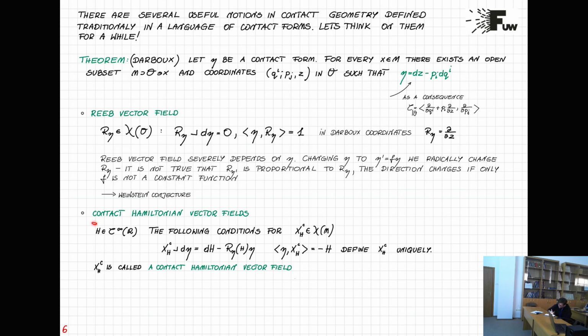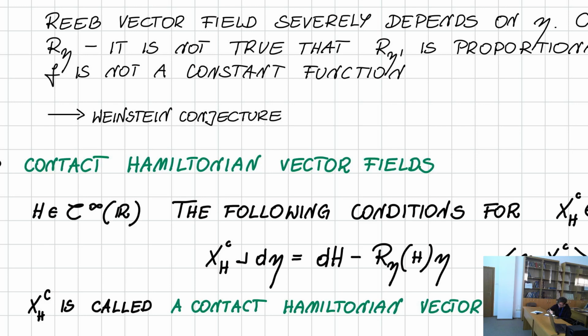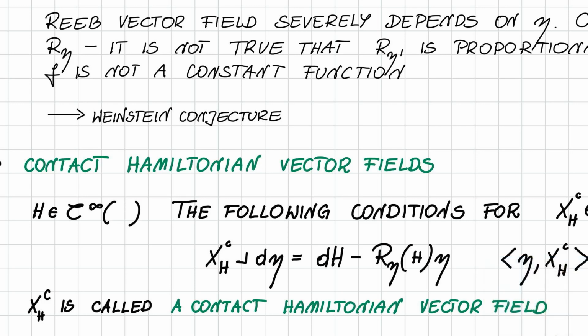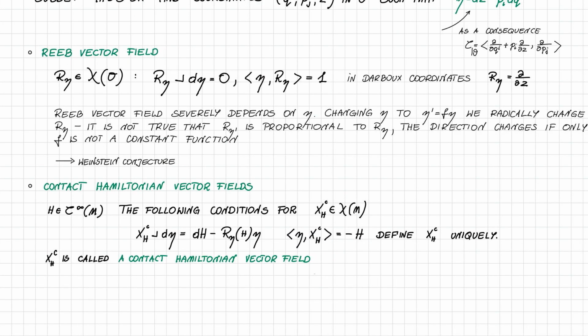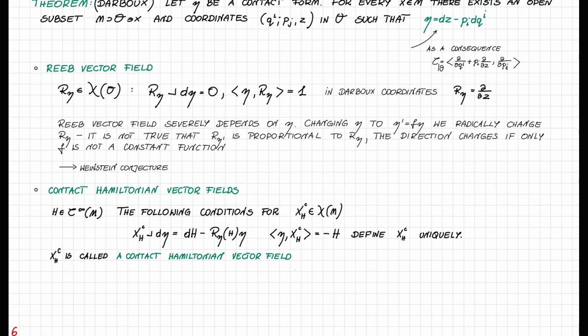So let us fix a function. Sorry, it is not on R, it is on M, of course. A function on M, on a contact manifold. We fix a function on a contact manifold, and we produce a vector field on a contact manifold out of this function with the following two conditions.